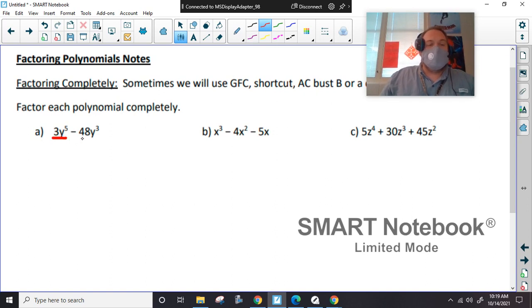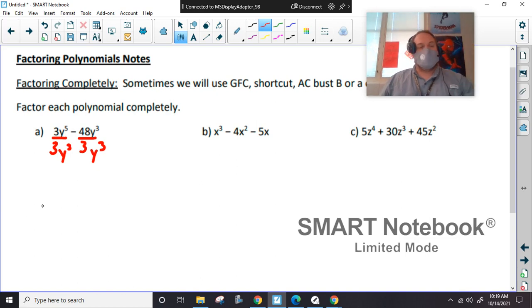So usually when there's two terms and those exponents are not even, we know we're going to factor by GCF. Okay, what is the biggest number that I can divide out of 3 and 48? 3. Very good. Now remember, with your exponents, it's the smallest exponent between both of them. So which one's smaller, 5 or 3? 3.